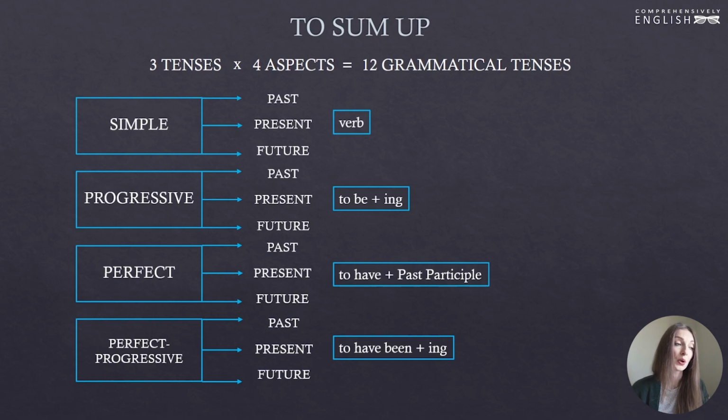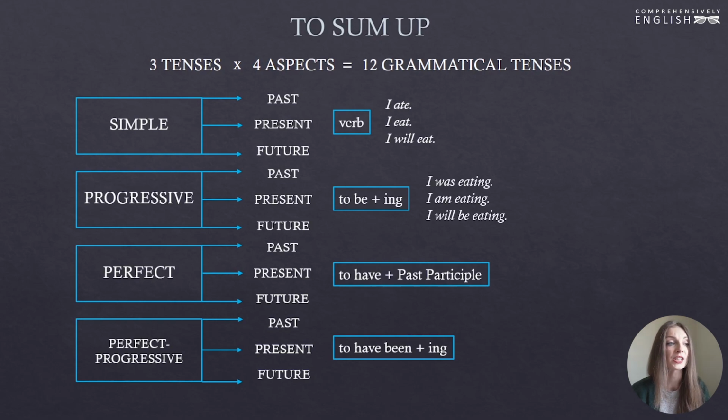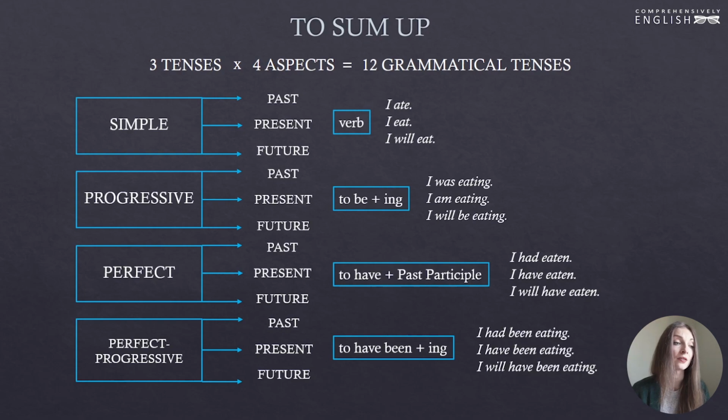And in perfect progressive tenses, we use have been and the main verb has the ending ing. In simple tenses, that will be I ate, I eat, I will eat. In progressive, I was eating, I am eating, I will be eating. In perfect, I had eaten, I have eaten, I will have eaten. And in perfect progressive, I had been eating, I have been eating, and I will have been eating.